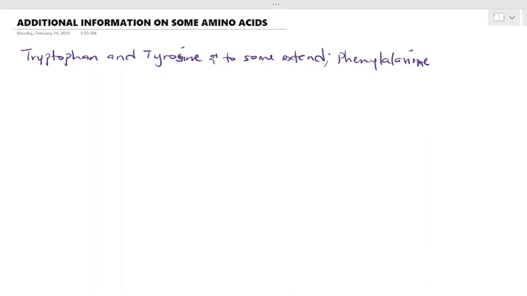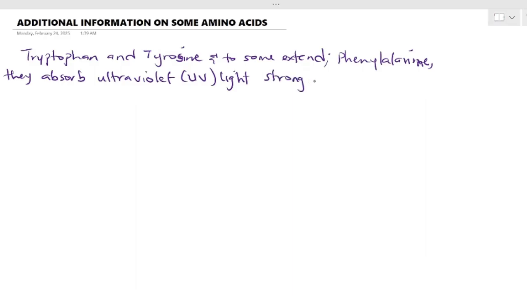So these three amino acids absorb ultraviolet light, UV light, strongly. Please take note. They absorb UV light strongly because they have the aromatic group. Very important to know.